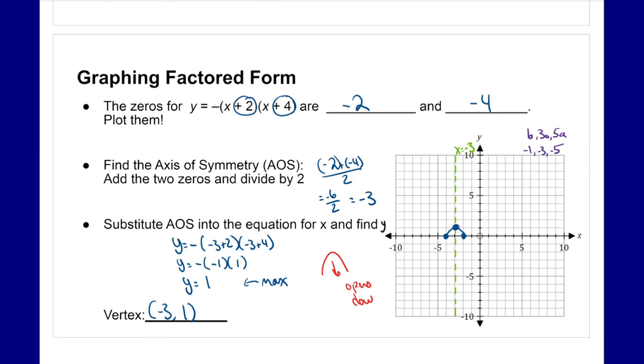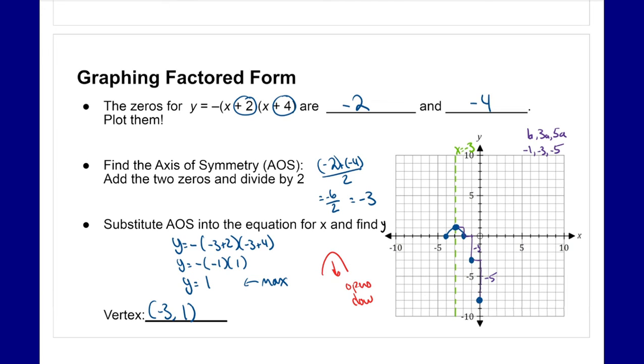So that means I go over 1, down 1. I do have a point there. Go over 1 again, down 3. I have a new point. Go over 1 again and go down 5. 1, 2, 3, 4, 5. I have another point.